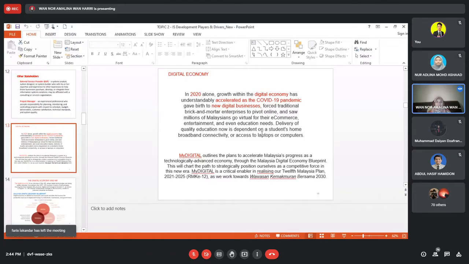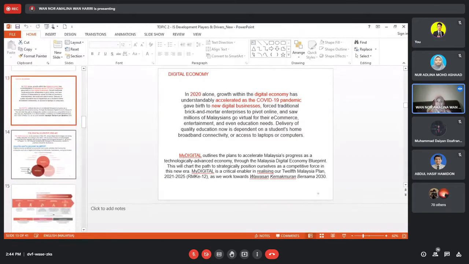There are many now with the online platforms. This relates so much to the class project, I will explain after this. And we have MyDigital, which outlines the plan to accelerate Malaysia's progress. All this is in Malaysia's planning.